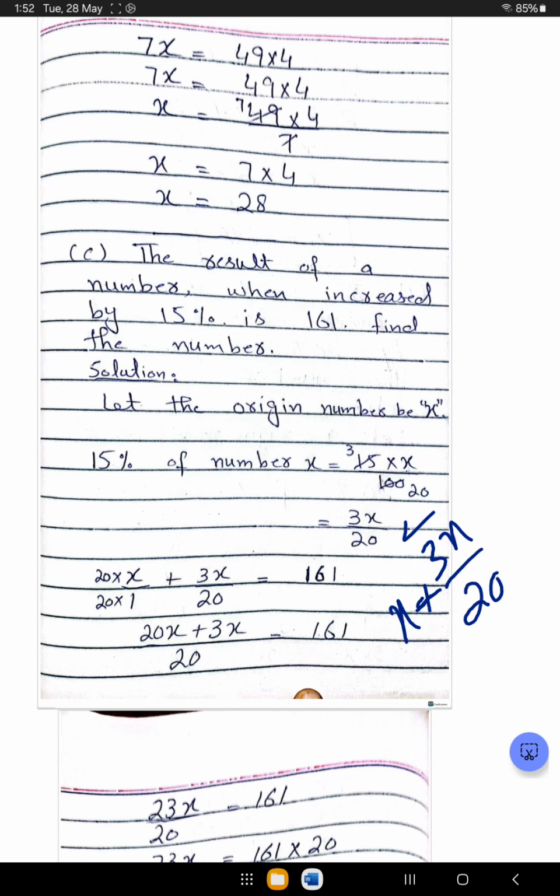Here x is divisible by 1, because if there is no denominator, then the denominator is 1. 1 times 20 for the same denominator, x times 20.